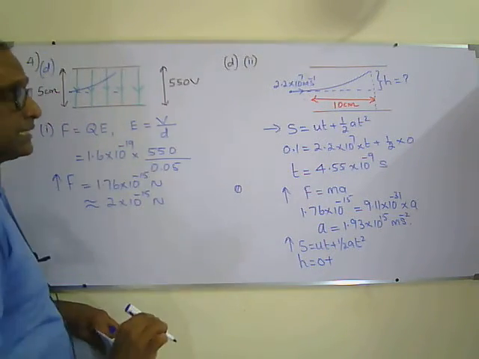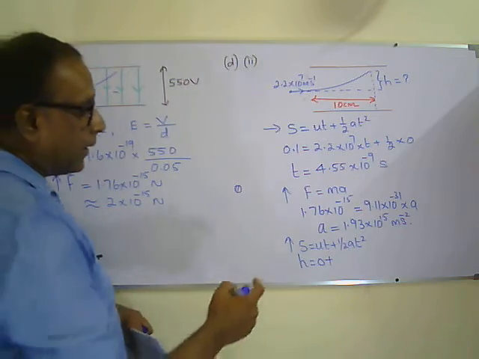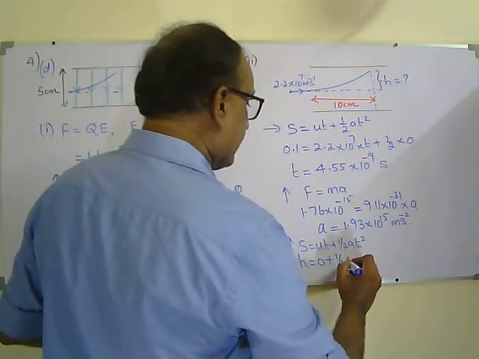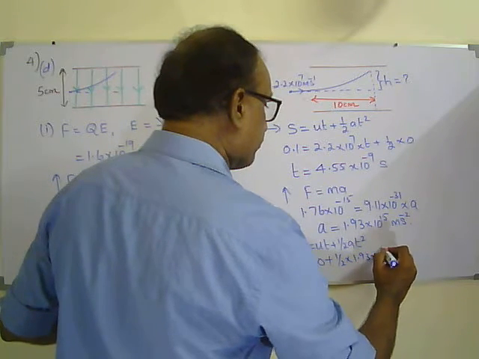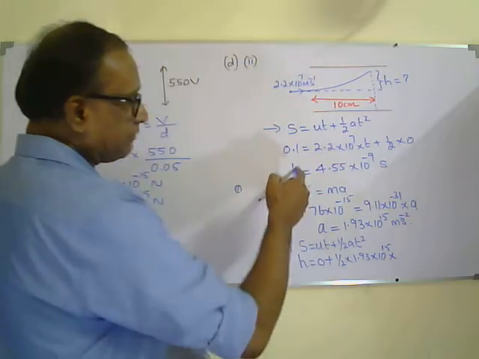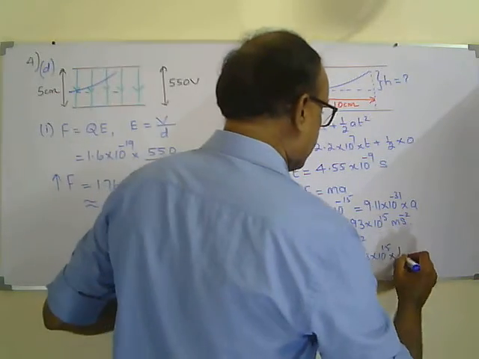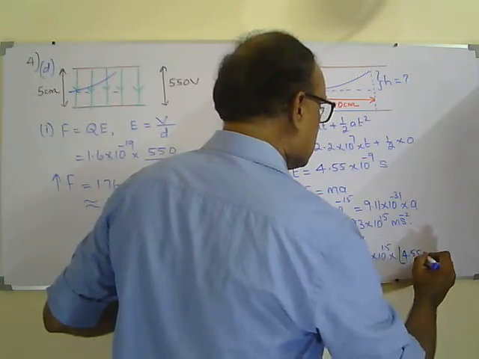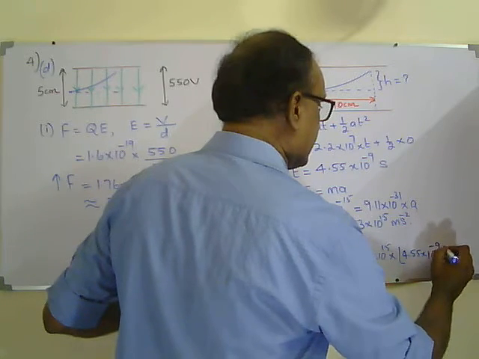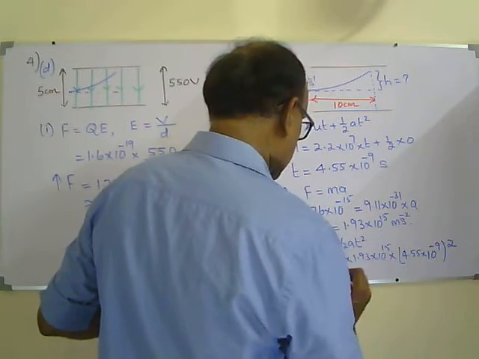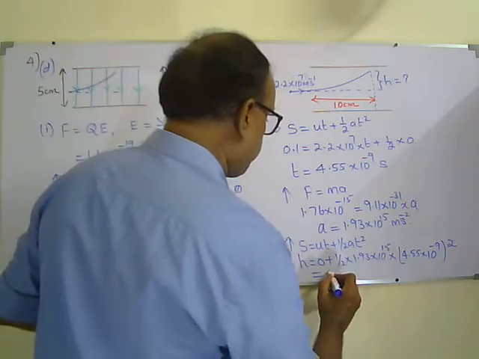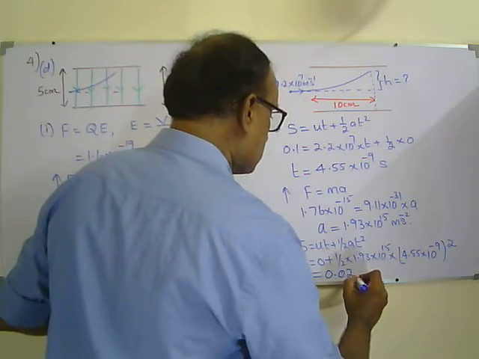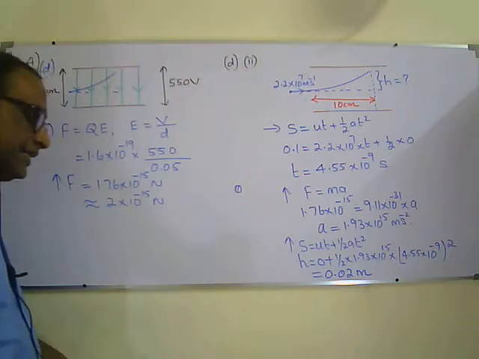That's the way we should take it. Then ½ times the acceleration 1.93 × 10^15 times the time we found, 4.55 × 10^-9, all squared. Solve it, and you will get the value of h in meters. That will be 0.02 meters, or 2 centimeters.